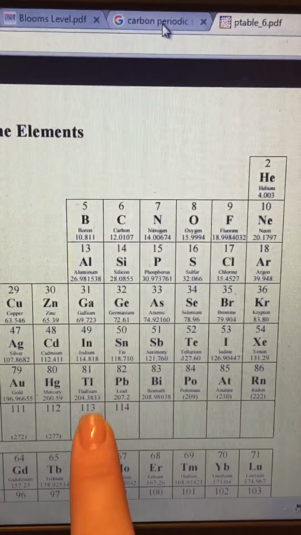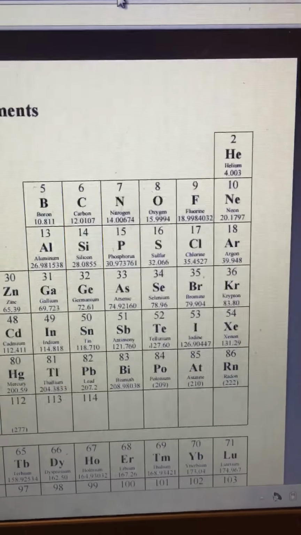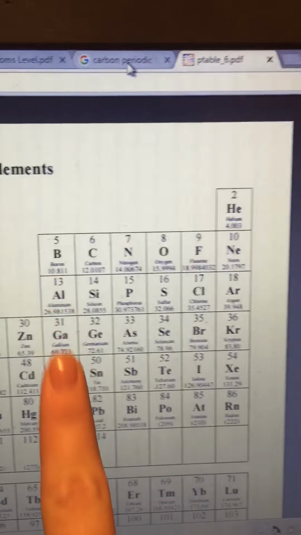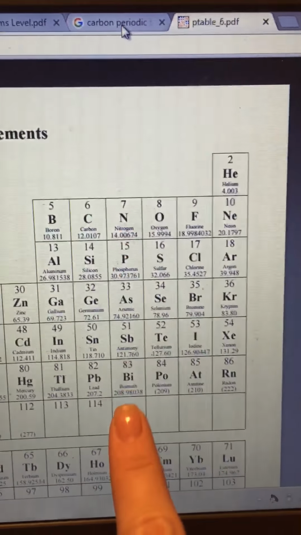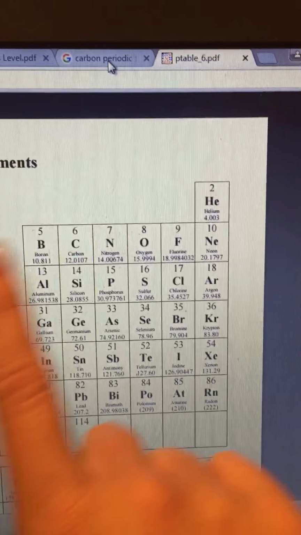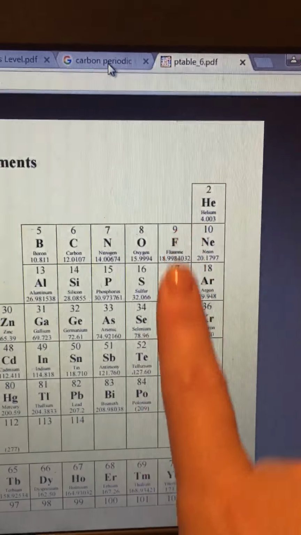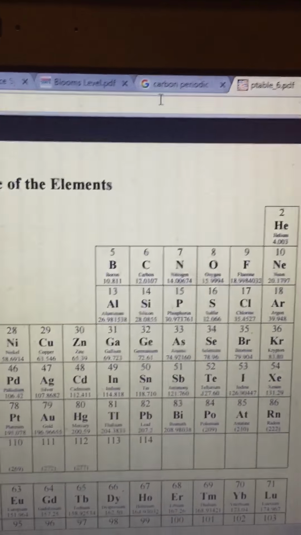Well, you can't have 13 valence electrons because remember, our electron rule is 2, 8, 8. So 13 actually has 3, 14 has 4, 15 has 5, 16 has 6. You just take the 1 off of your group number. That's how many valence electrons. So we have 7 valence electrons and 8 valence electrons.